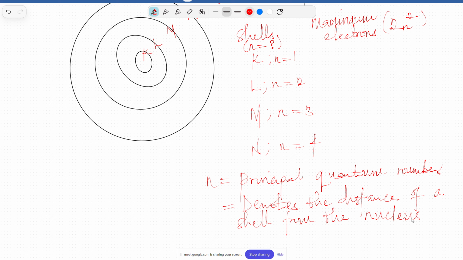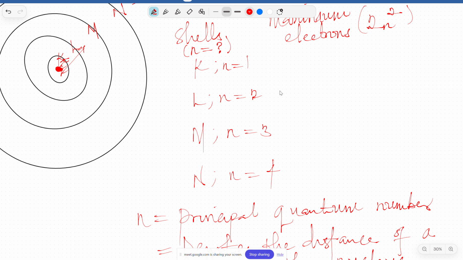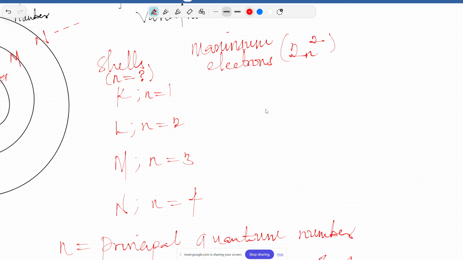Because the nucleus is right here in the center, the distance from here to here is said to be 1, and the distance from here to here is said to be 2, like that. Are we still together? Yes, sir. Okay. So when you do 2n squared for the K shell, you have that to be equal to 2. When you do 2n squared for this one, that is 2 into bracket 2 squared.